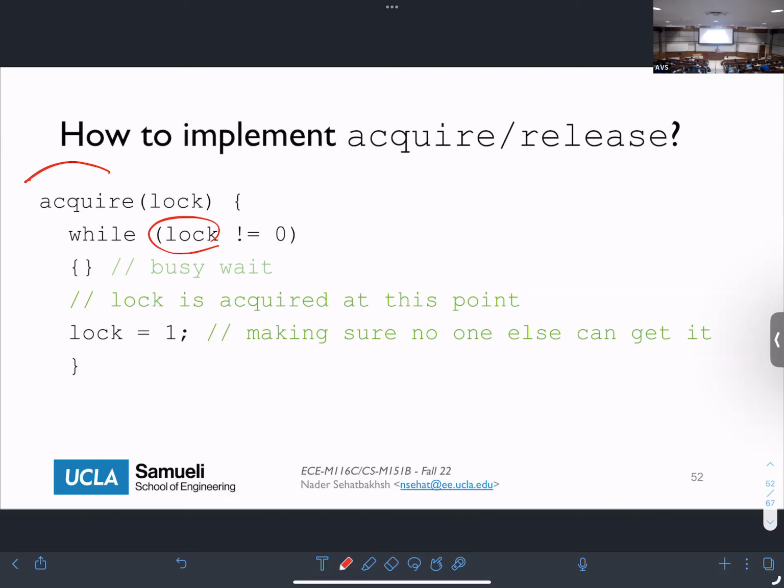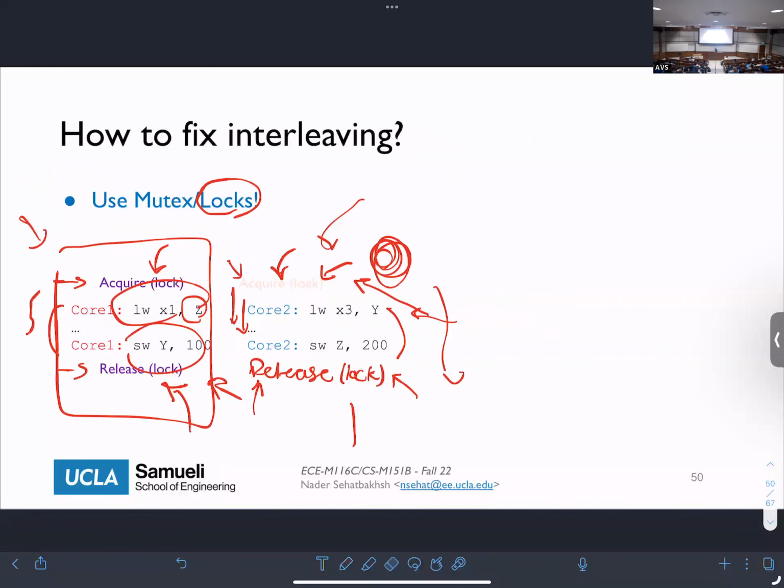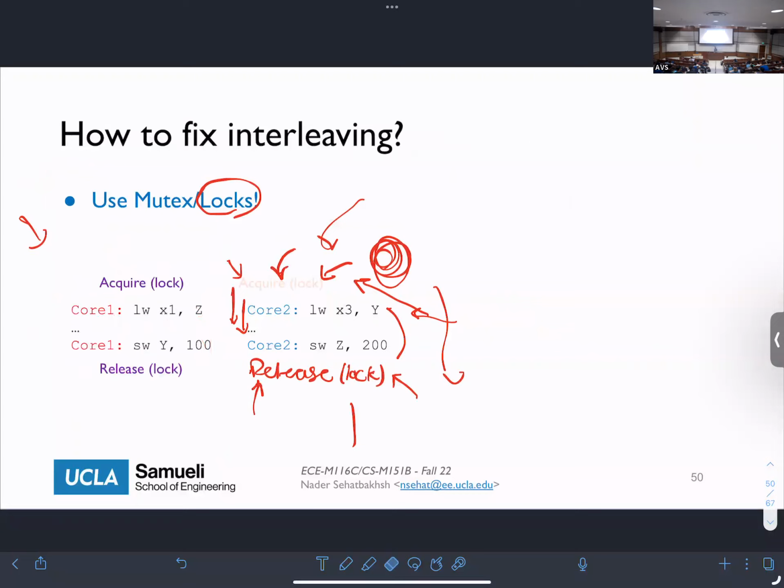If lock is not equal to 0, I'm just going to wait and wait and wait until there is some tiny amount of time when the lock becomes 0. That's when I'm going to get this lock, and then I'm going to set lock equal to 1. So I'm going to change the lock, and that means that now I have it.